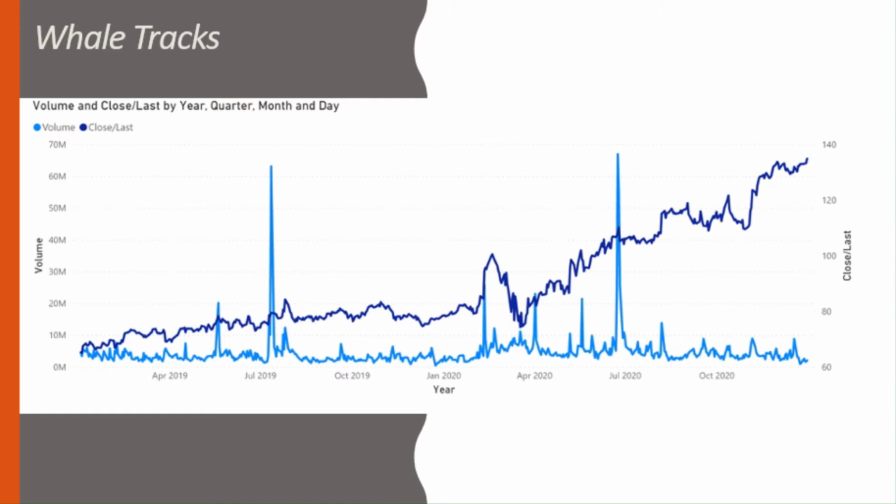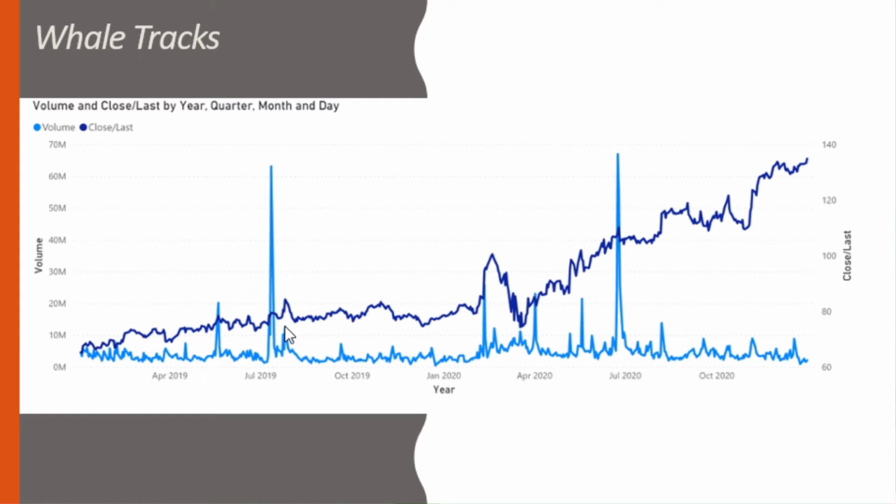The other thing you're looking for is when you see the volume line getting close to a decrease in price. If you see an increase in volume and a decrease in price, that suggests there was a large sale. On the other hand, when you see these lines following the same trend, that would suggest that as the volume increases daily, that was due to the stock price increasing.